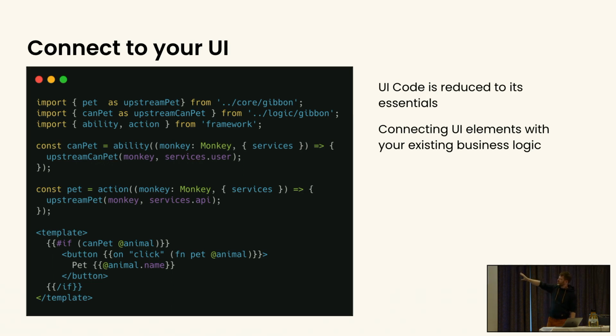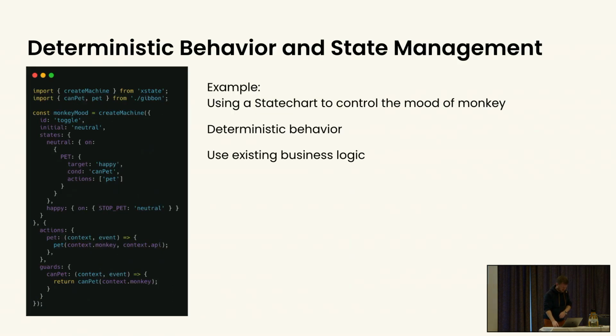Then in the middle section, we connect them with the UI system of the framework, and in the part at the bottom is where we use this in our template. So we also connect this with our framework and make use of the reactivity system that it gives us.